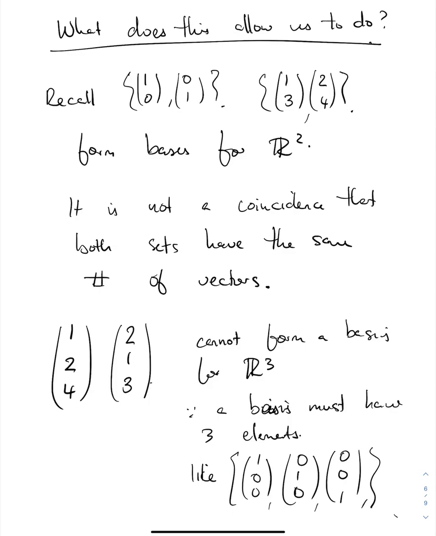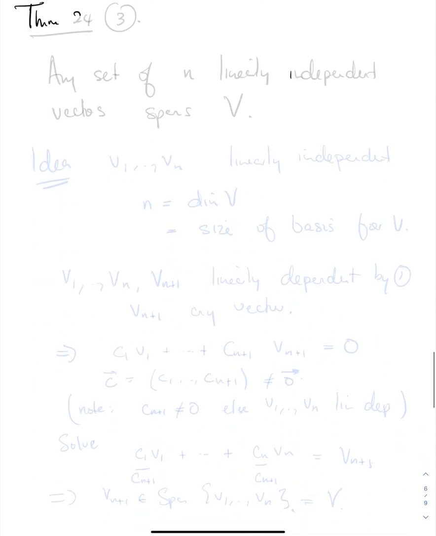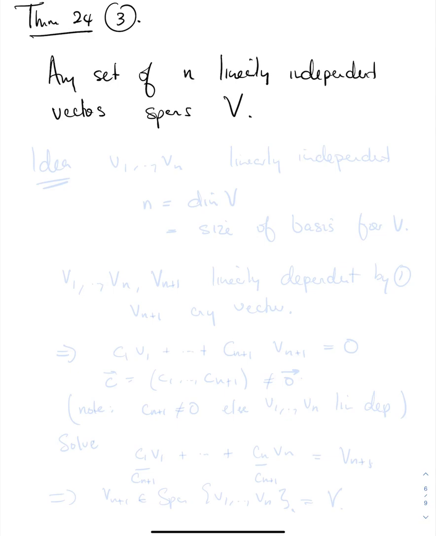All right. Theorem 24, Part 3. Any set of n linearly independent vectors spans V. Again, let's talk about the idea.